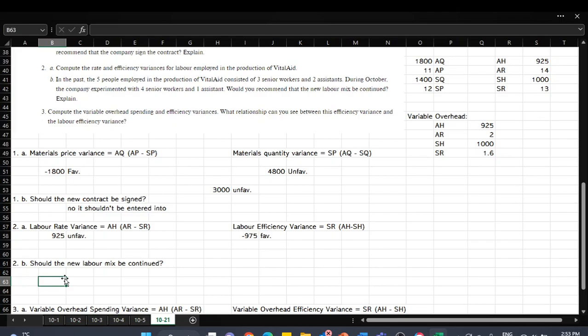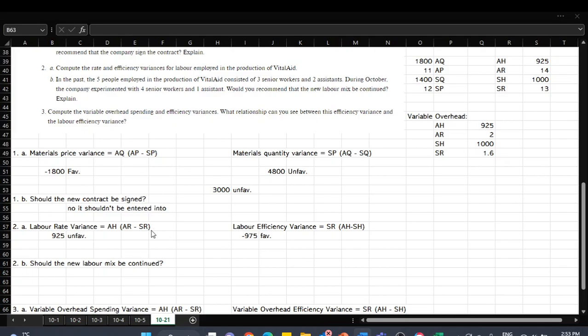Because even though it increased the average hourly labor cost from $13 to $14, causing that 925 unfavorable labor rate variance, it's offset by the greater efficiency of labor time. Okay, the labor efficiency variance is 975 on the favorable side.